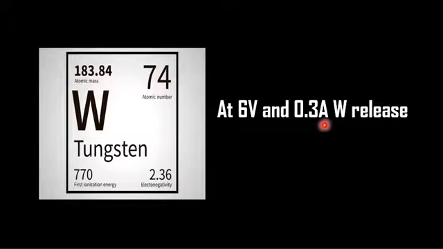This is the reason why tungsten is a very important metal used in electron guns, and in the form of a filament in electron beam evaporation and also in thermal evaporation processes.